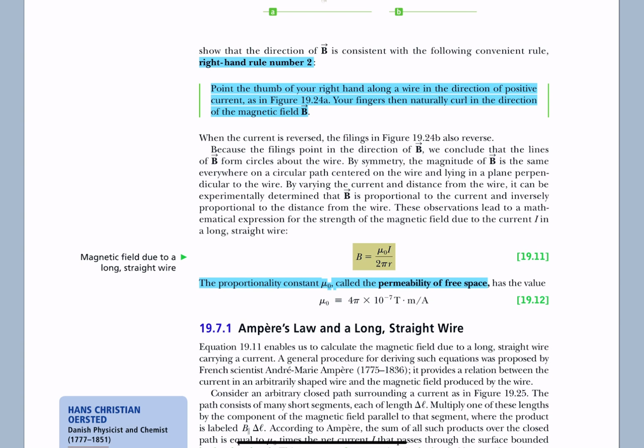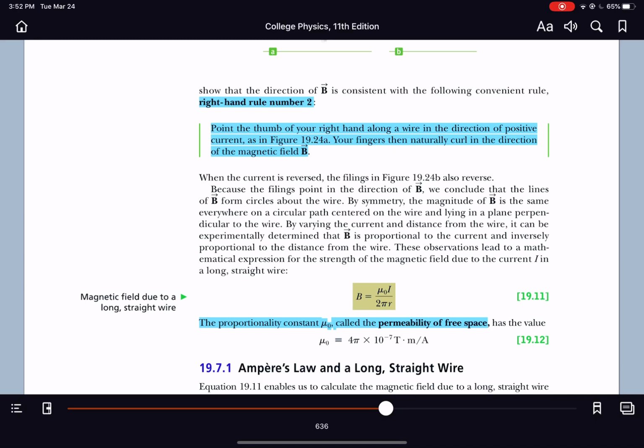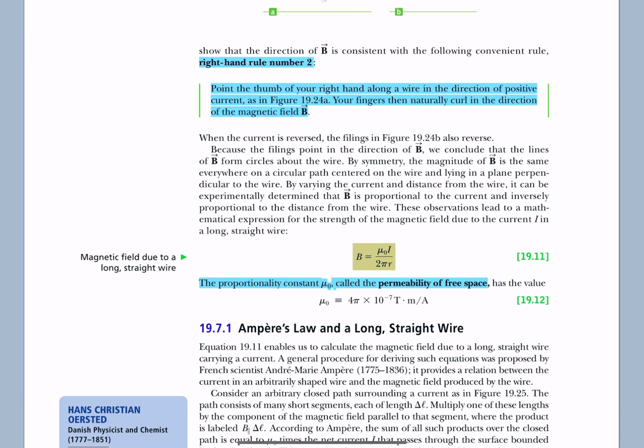It depends upon the current. The stronger the current, or the more current going through the wire, the stronger the magnetic field will be. And of course, the closer you are to the wire, the stronger the magnetic field will be.